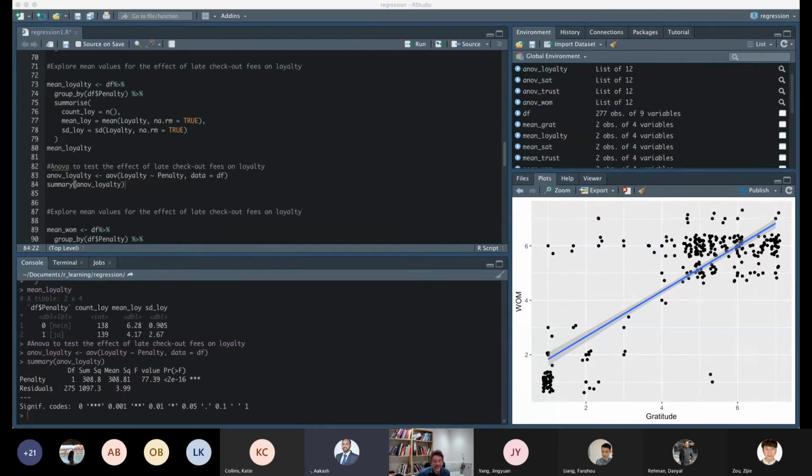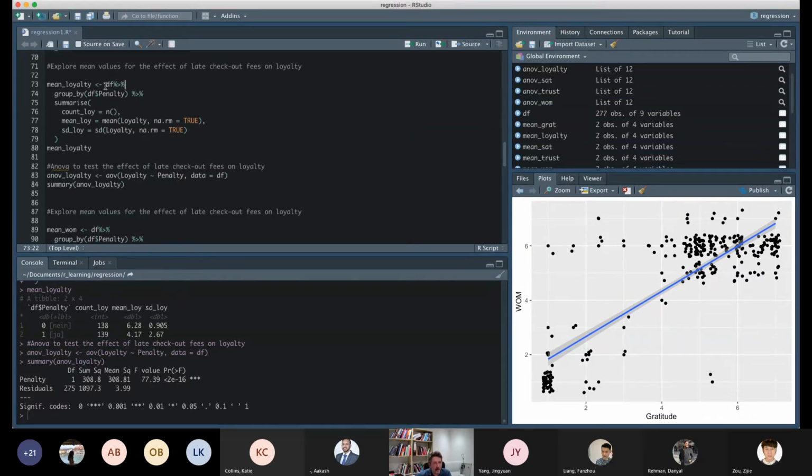73 to 78, yeah. So what I do here is, I start with this one here. This percentage thing here, that's called a pipe function. That's a pipe from tidyverse. It just means, and then do something else.